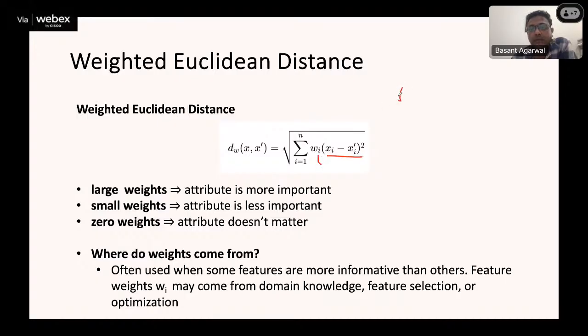So if, let's say, we have 5 features, we can give each feature a weight, say 0.9 or 0.6 and so on. If we have some way of computing these weights, we can use the weighted Euclidean distance metric. So we can give large weights to the features which are important, small weights to the features which are less important, and we can give 0 weights to the features which are not important.